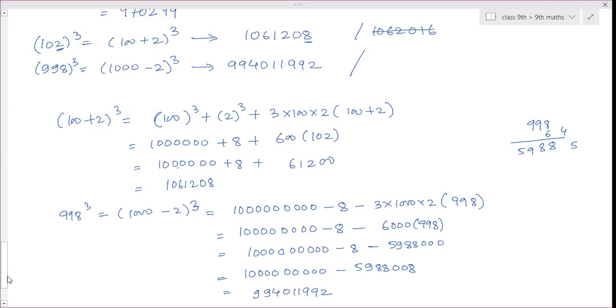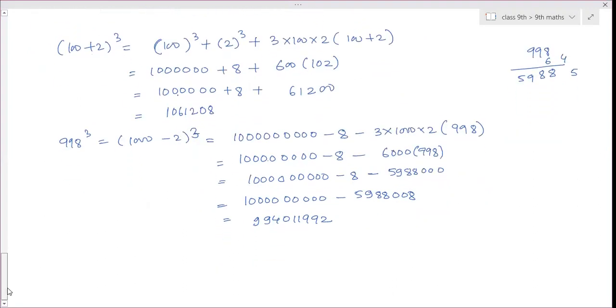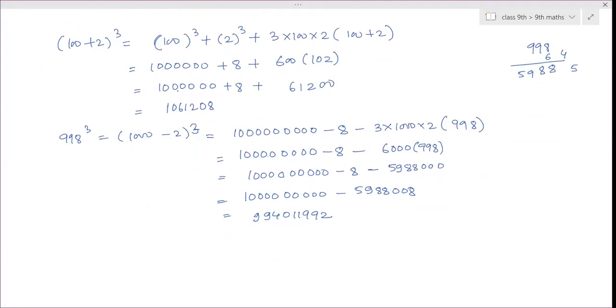9940119992. Ma'am, here you have written the answer 9940. Instead of this 40, I'm getting 39. No, you have made some mistake in the subtraction. What did I subtract? 6088007.